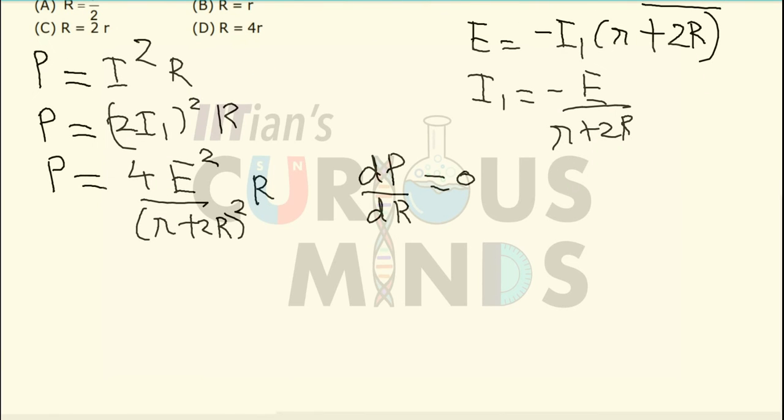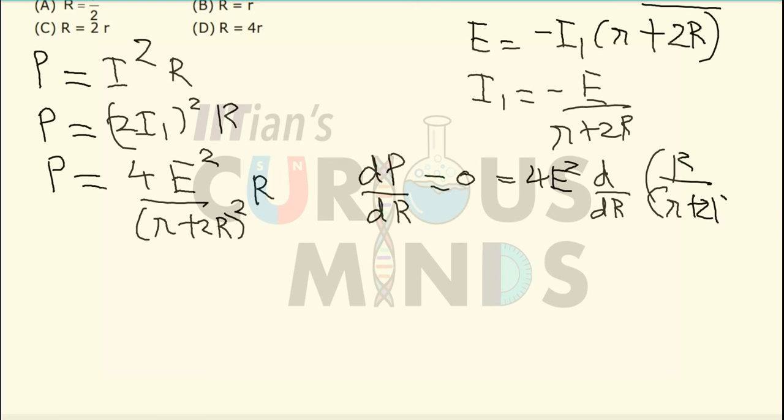So when I differentiate, I can take 4E square outside the differentiation, and differentiate d by dR of R divided by (r plus 2R) the whole square.